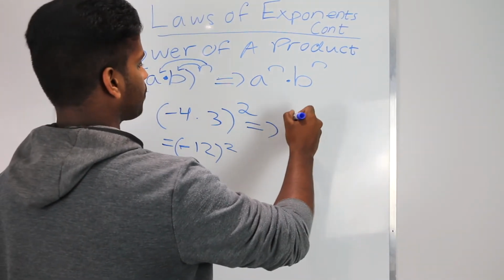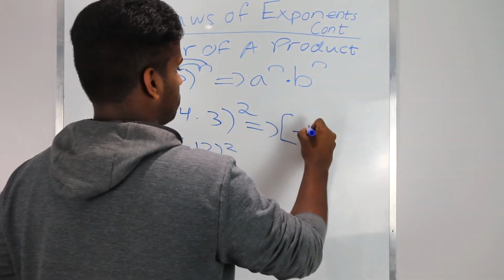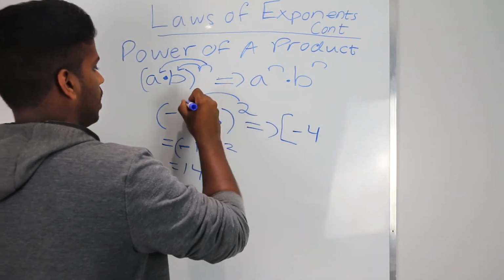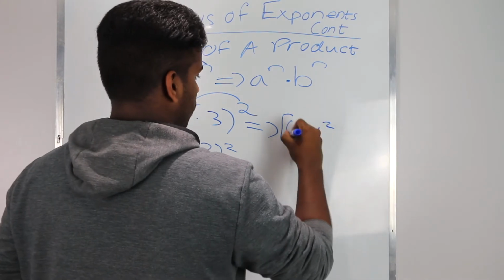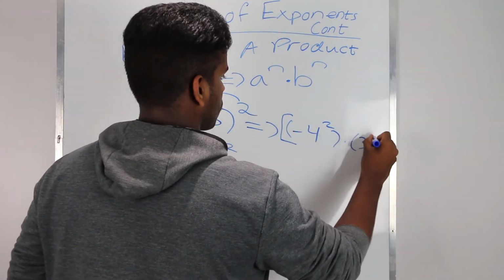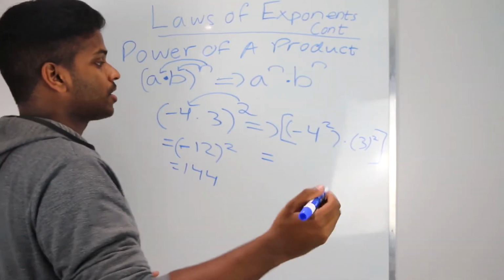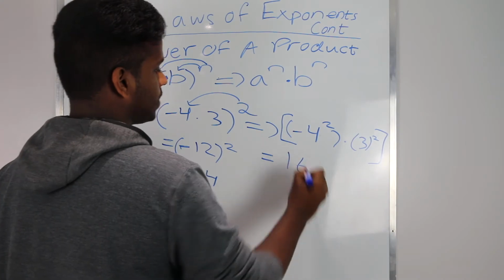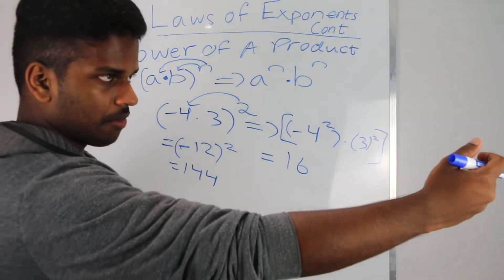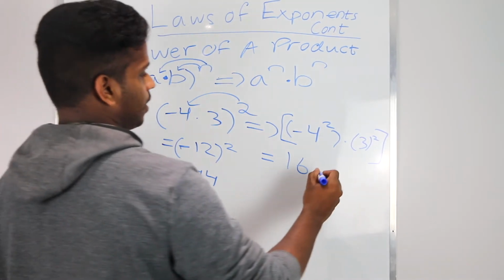Here, by using the law, we distribute the exponent. So (-4) squared times 3 squared. (-4) squared gives you 16, because -4 times -4 is positive, 4 times 4 is 16.